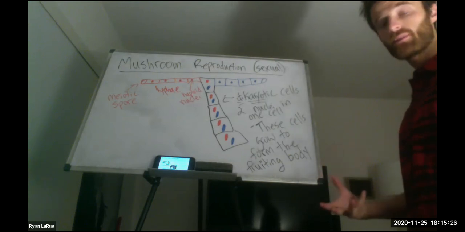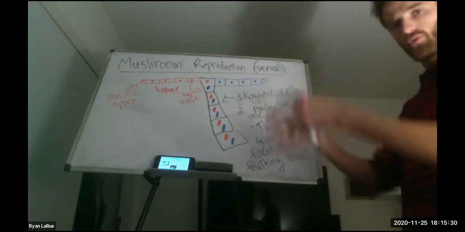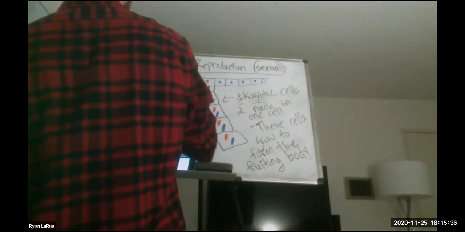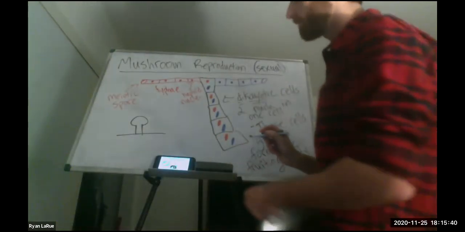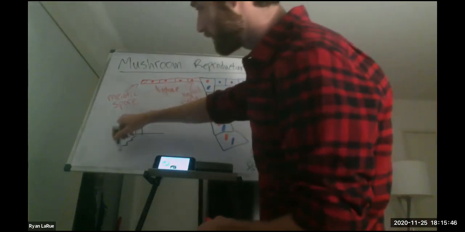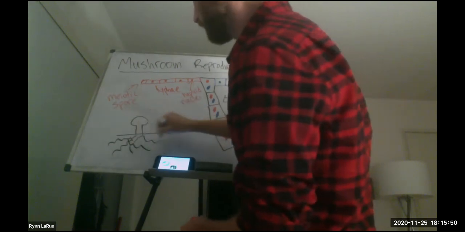And to complete the reproductive cycle, this is dividing out and forming our fruiting body. So let's draw our mushroom here. Here's the ground. Here's our mushroom, right? Interestingly, mushrooms have this incredibly extensive branching network of hyphae underneath them.